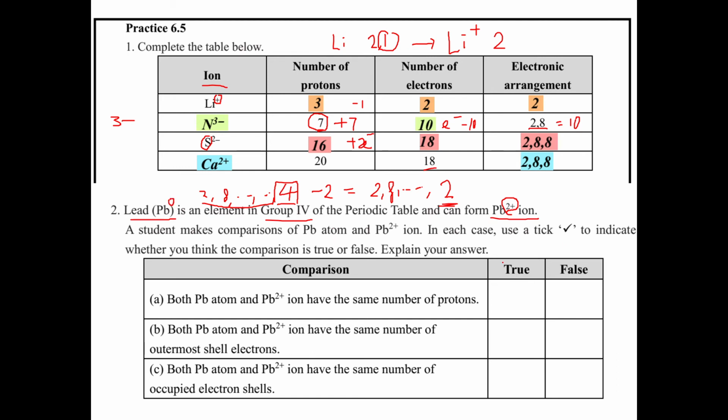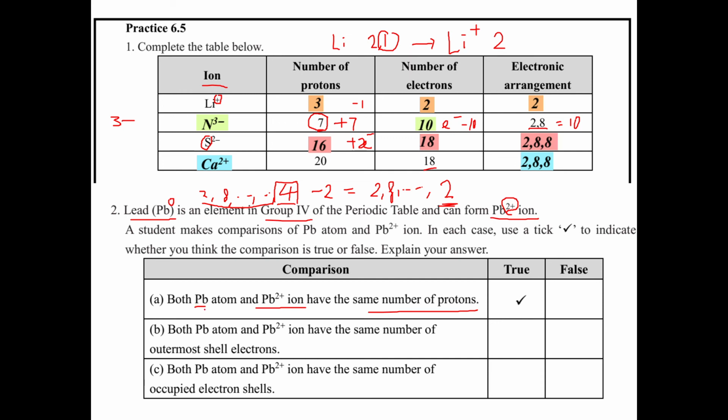Now try to tell true or false for the A, B, C statements. For statement A, lead and lead 2 plus ion have the same number of protons. So it is true, because only the outermost shell electrons change, but the nucleus, the number of protons, does not change.